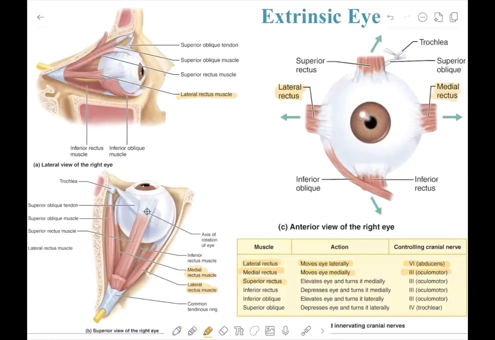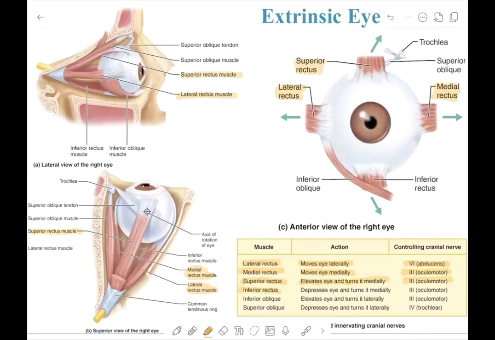We then have the superior rectus, which is on the top of the eye. We can see it in these different views here. It elevates the eye and turns it medially, also controlled by the oculomotor.